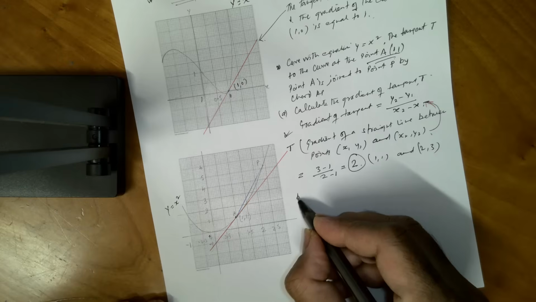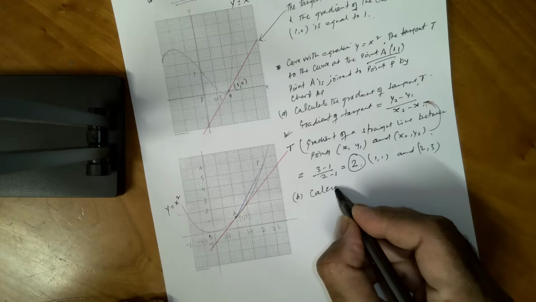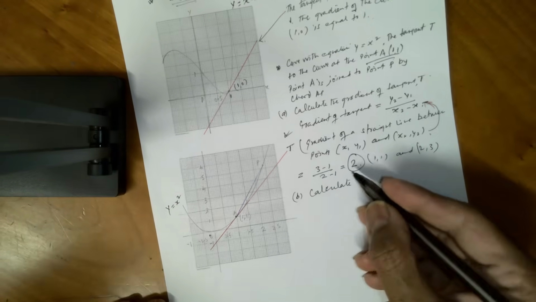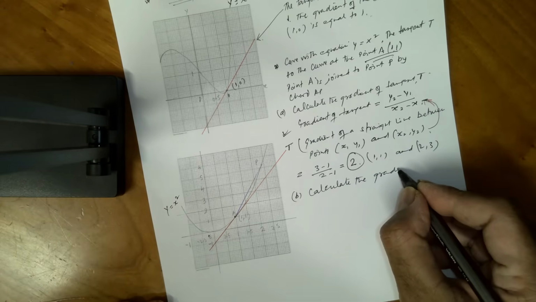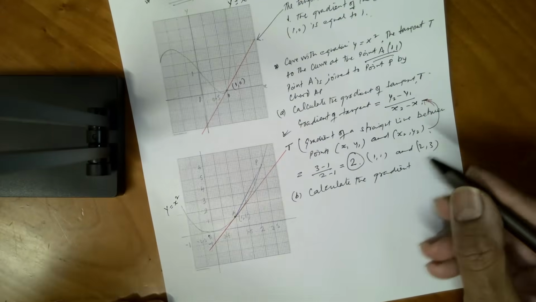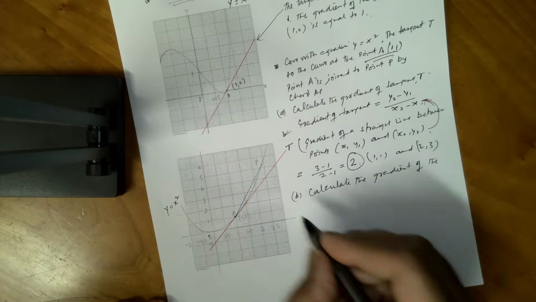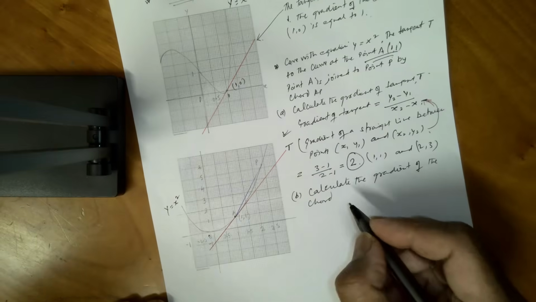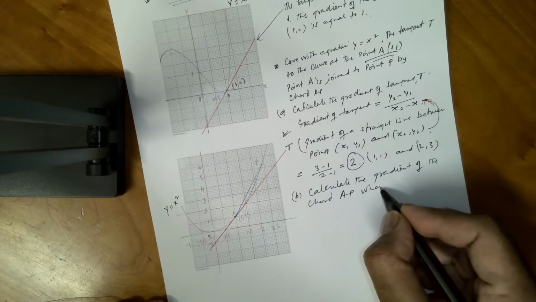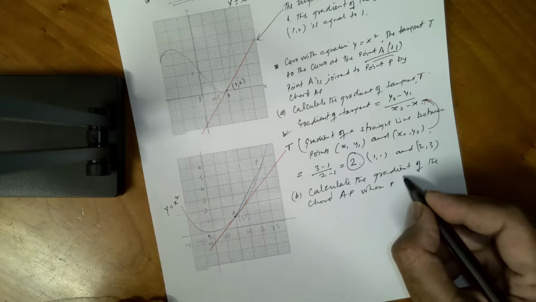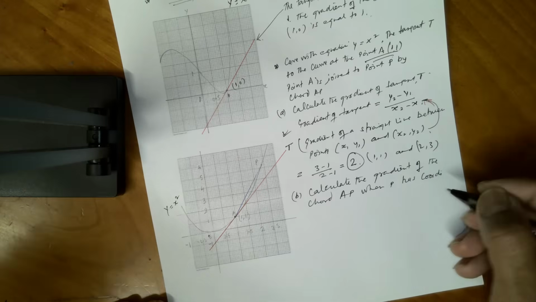Just write it down here for you: calculate the gradient of chord AP when P has a coordinate.